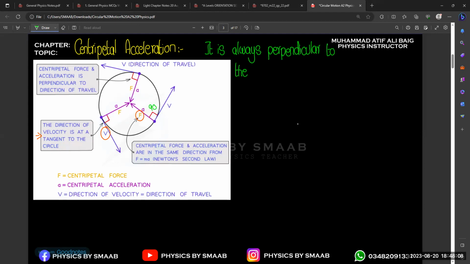The linear speed, right? It's v. Yes, so it is always perpendicular to the linear speed. Because sometimes they ask about the direction also, you can identify from the diagram that the direction of centripetal acceleration is always towards the center, with the direction of force, because we know that force and acceleration are directly proportional, both are vector quantities, so they both will act in the same direction, right?